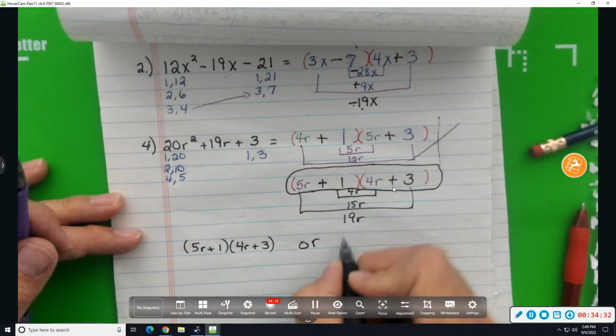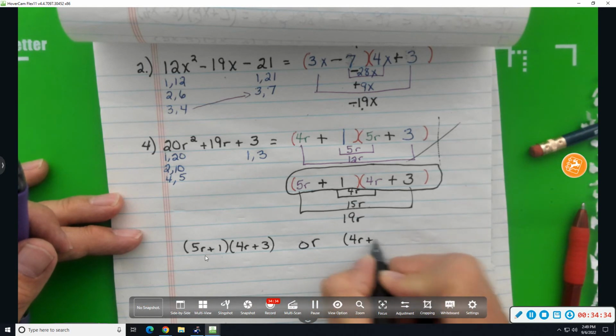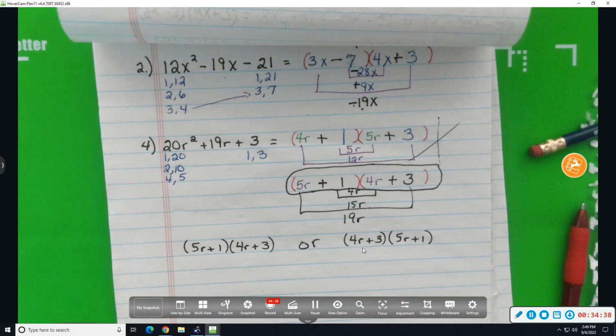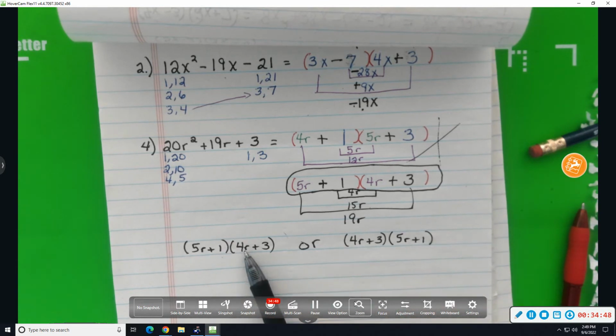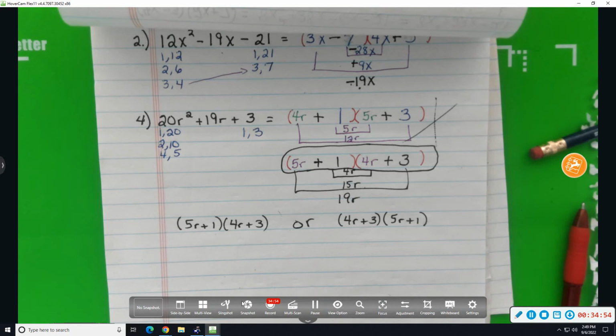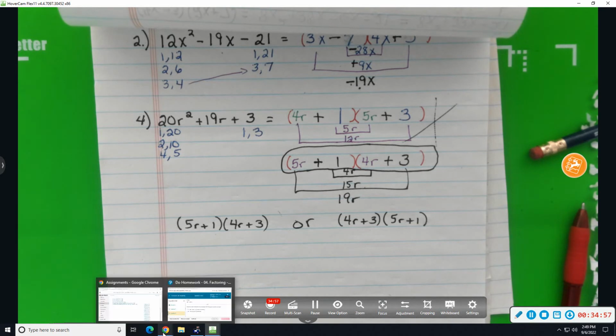My math lab would accept either the 5R plus 1 first, or the 4R plus 3 first. Is that clear? It doesn't matter which one you type first. Here are the 2 right answers. 4R plus 3 has to be in one set of parentheses, 5R plus 1 in the other. The order in which you type them in does not matter.